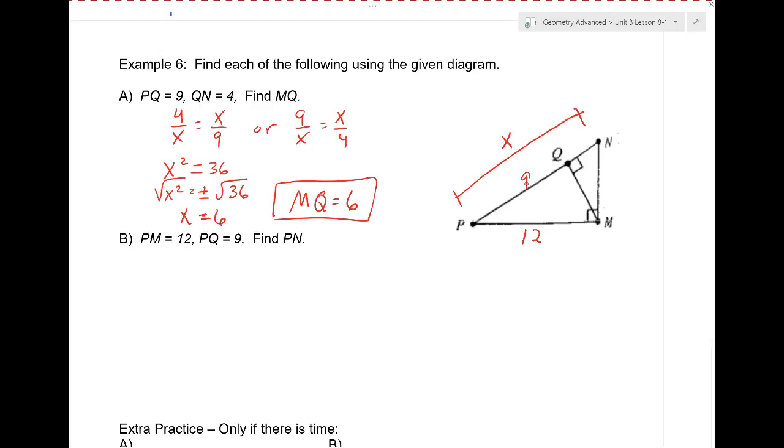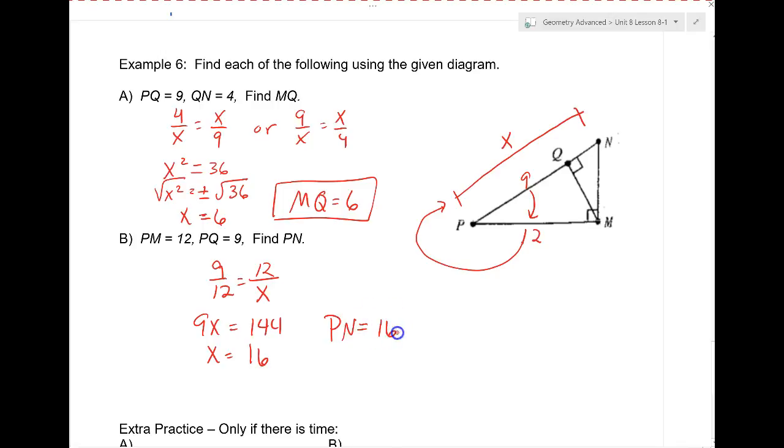I can use similar triangles here and go leg is to leg. So 9 is to 12 as 12, which is the hypotenuse, is to the whole thing, which is x. So I get 9x is equal to 144, so x is equal to, what do we get? That's right, 16. So the length of segment PN is going to be 16.